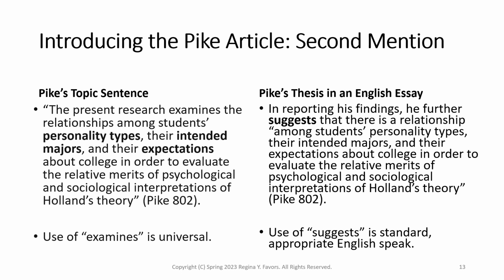So, in reporting his findings, he further suggests that there is a relationship among students' personality types, their intended majors, and their expectations about college in order to evaluate the relative merits of psychological and sociological interpretations of Holland's theory, Pike 802. So again, use of suggest is more standard, appropriate English speak. The reason I make a case about the use of suggest is that it has the same tone as alleged.